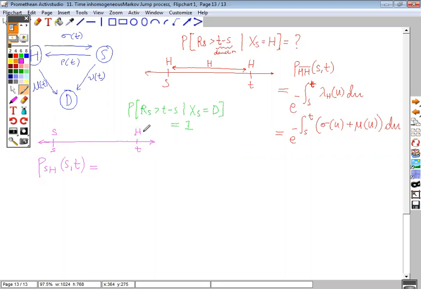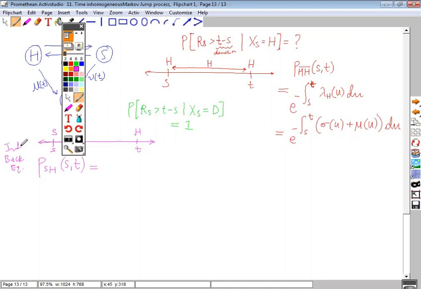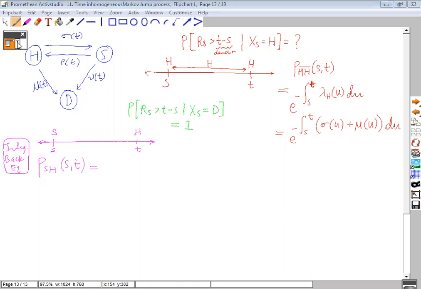Okay. So what should I do if I tell you guys that I want to look at the backward equation, integrated?